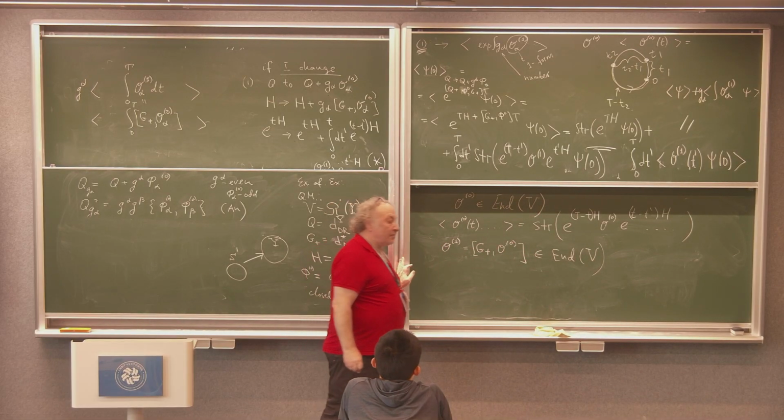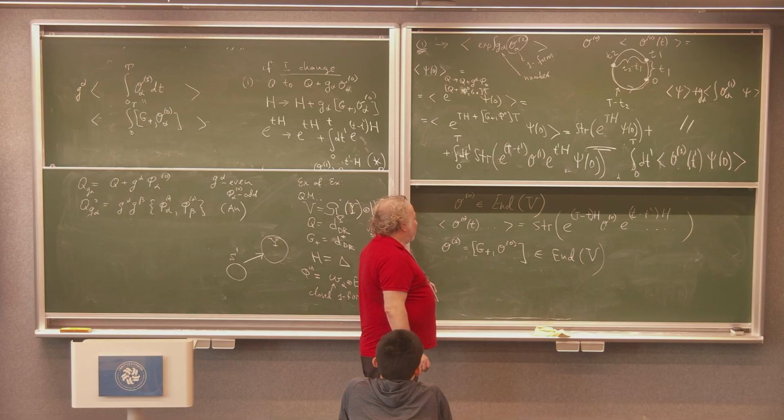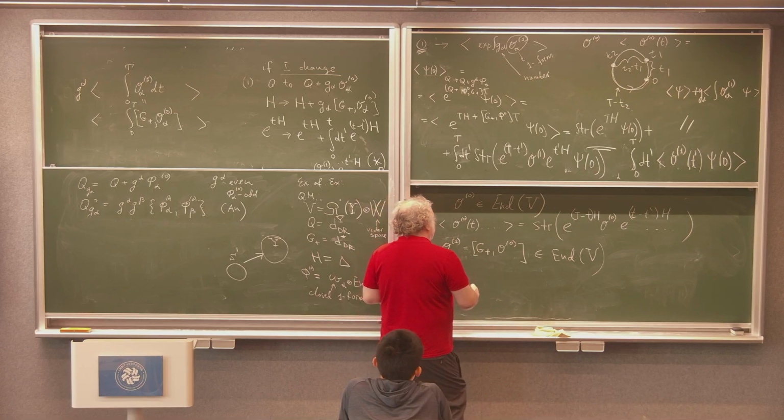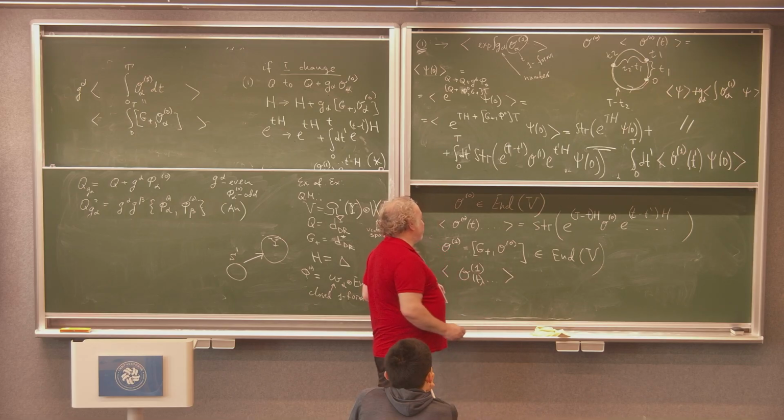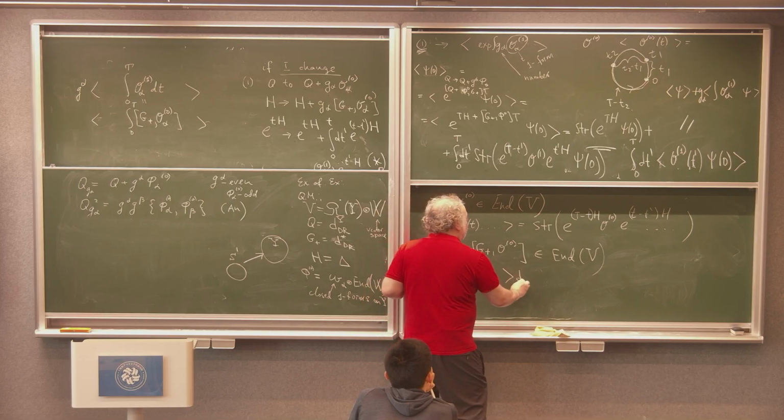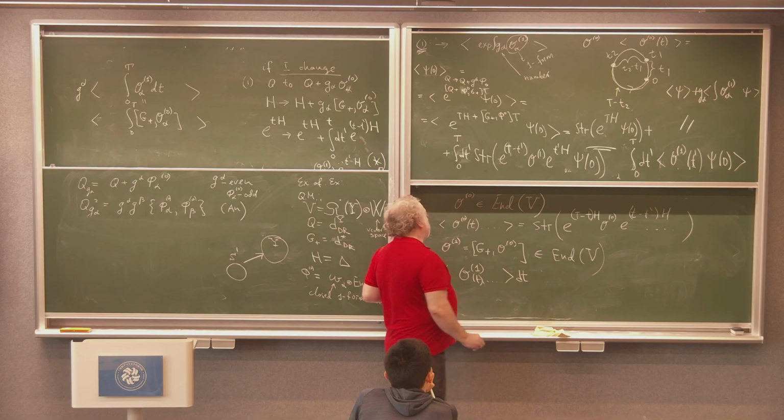Okay? It is natural, but we can study correlations of O1 at point T. So it is natural to multiply it by dt.